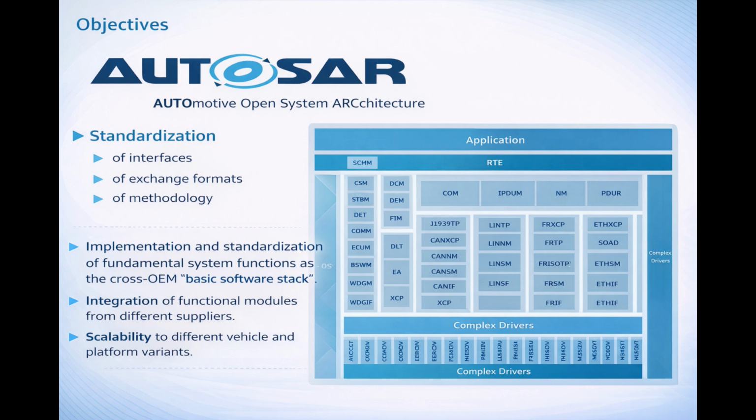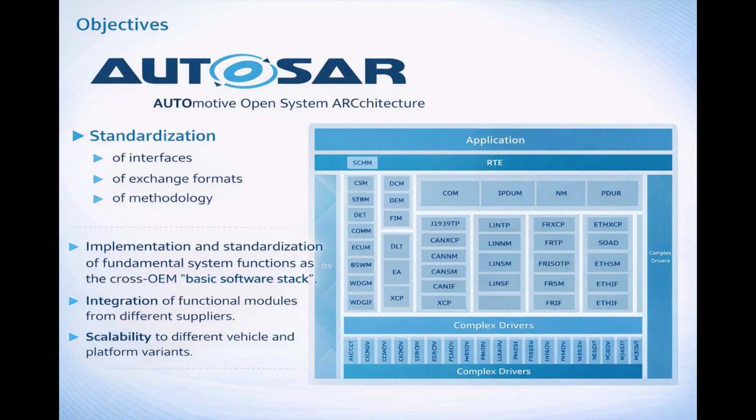The larger gray areas are where these modules are grouped into functional clusters. This means the modules within such a cluster are very closely interacting. So to give you an example, what do we have? We have, for example, a diagnostics cluster.